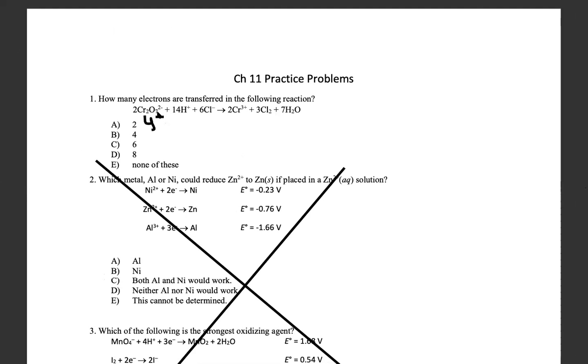We have 4 electrons in this chromate ion. And then we move on to the chlorine, which has 6. Oh, that's not what I tried to draw. 6. There we go. 6 electrons. And then we move on to the chromate, which has 6 positive.